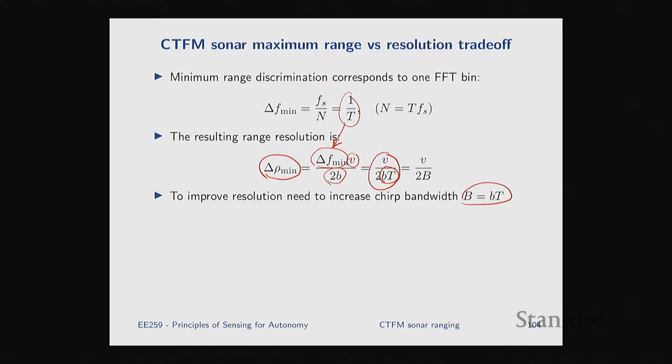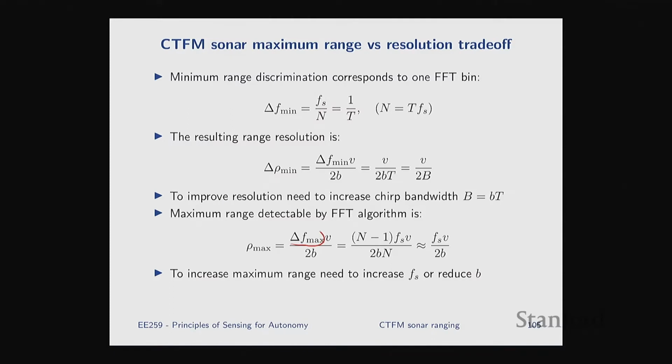So basically our ranging resolution is just the speed of light divided by 2B. So if you want more resolution, you need a chirp with a larger bandwidth, which means either higher slew rate or larger chirp duration, so larger B or larger T or both to get a larger bandwidth. That's what we need. Okay.